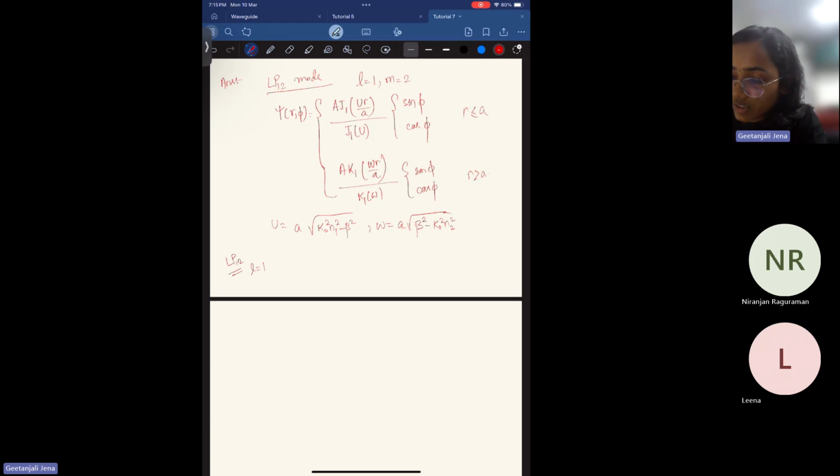So in the first question, we have seen two transcendental equations. One is for L equal to 0 and one is for L greater than or equal to 1.